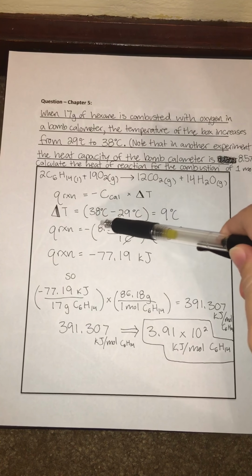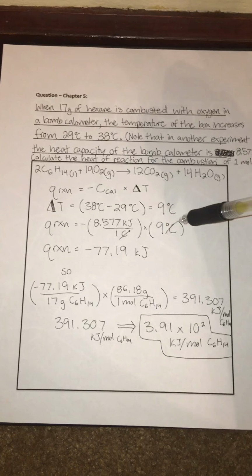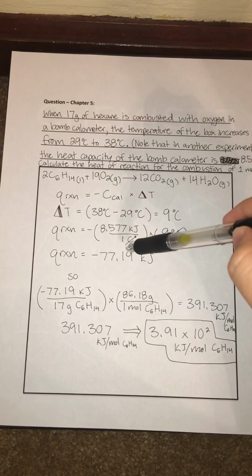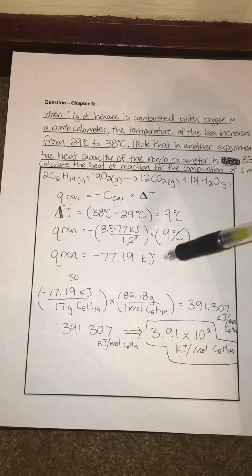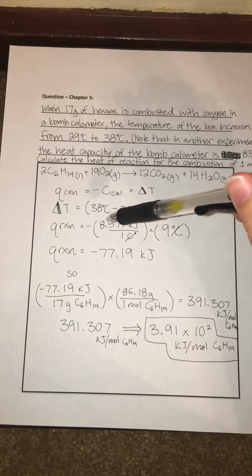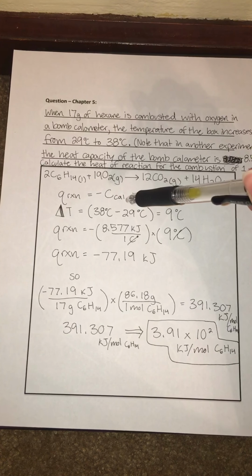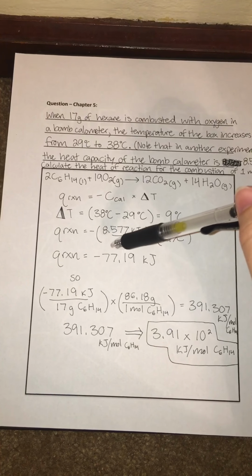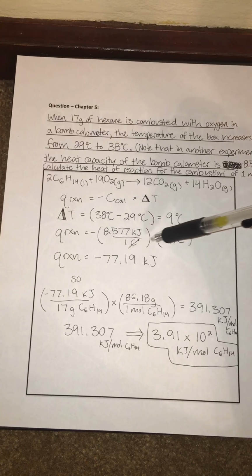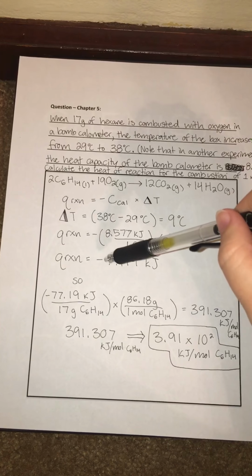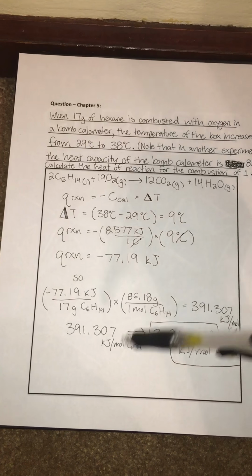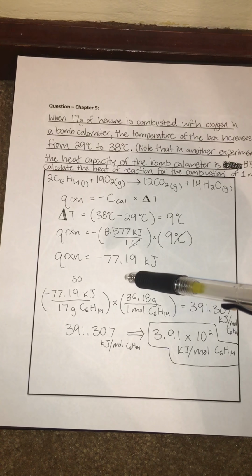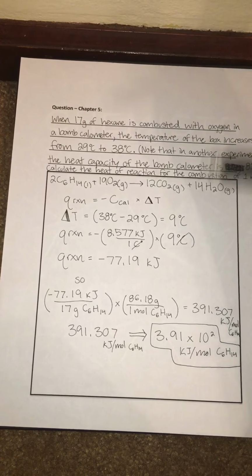Now we just simply multiply; the degrees Celsius cross out, so you're left with kilojoules. 8.577 kilojoules times 9 is 77.19, but don't forget the negative carries down. So now we know what the heat of reaction is for 17 grams of hexane.